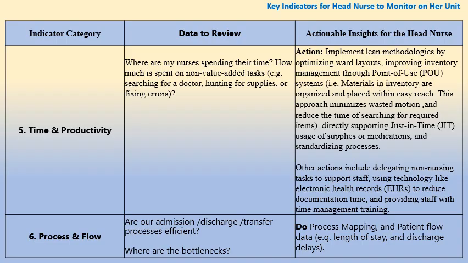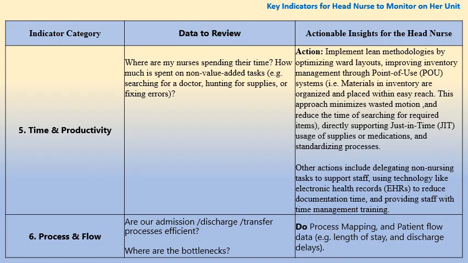This approach minimizes wasted motion and reduces the time of searching for required items, directly supporting just-in-time JIT usage of supplies or medications, and standardizing processes. Other actions include delegating non-nursing tasks to support staff, using technology like electronic health records, EHRs, to reduce documentation time, and providing staff with time management training.